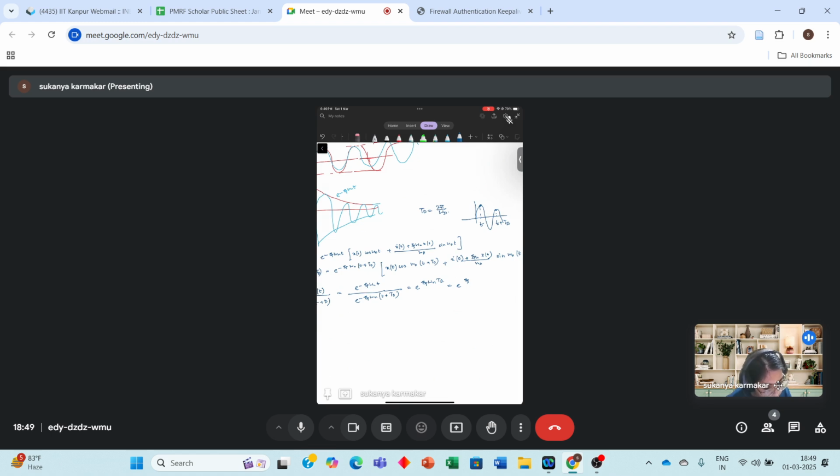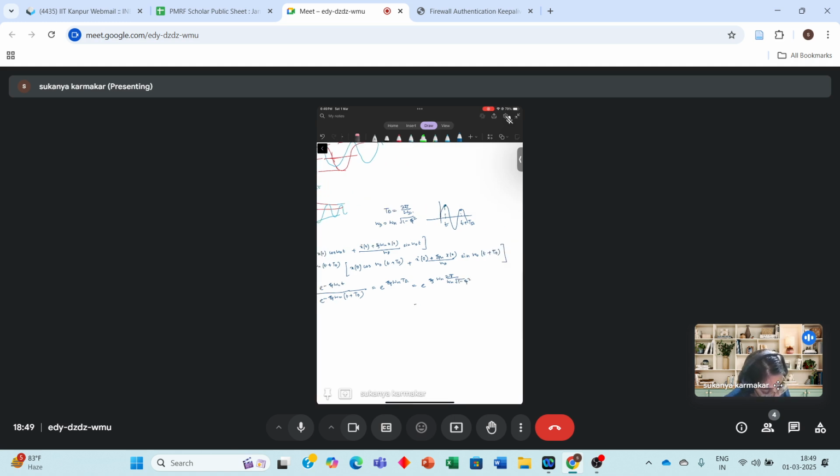TD can be written as 2 pi by omega d, and omega d is omega n times root of 1 minus zeta square. So I will substitute this as well. So this is e to the power zeta, omega n goes away, zeta 2 pi by under root of 1 minus zeta square.